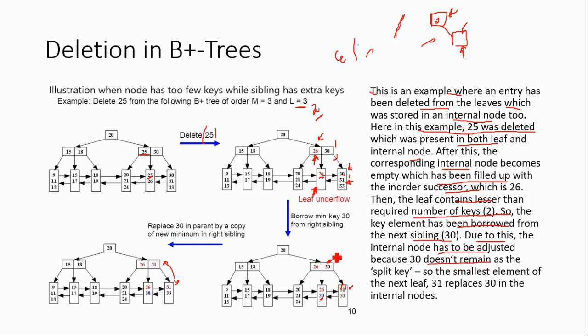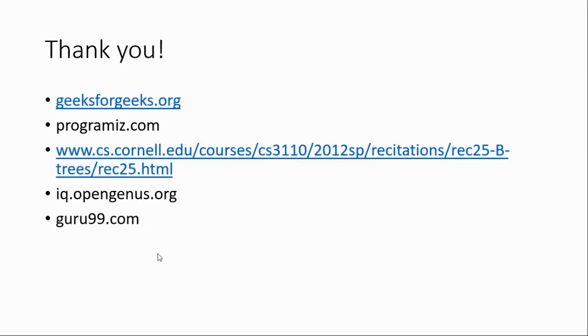As we said, the smallest element in the right child is also called the split key. So after transferring 30 to this node, the split key is now not 30, it is 31. So we have updated that split key. 31, which was the smallest element in the right child, has replaced 30 in the internal node, and this satisfies our B+ tree, and this also ends our class on B+ trees.